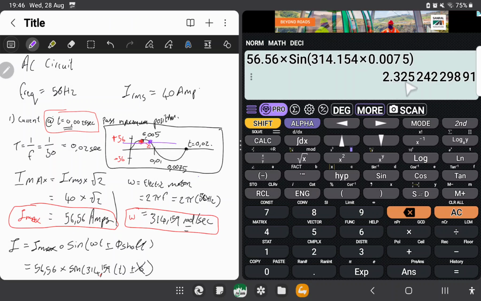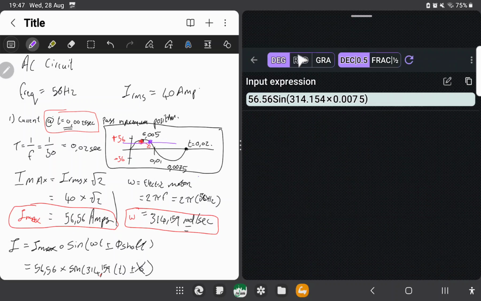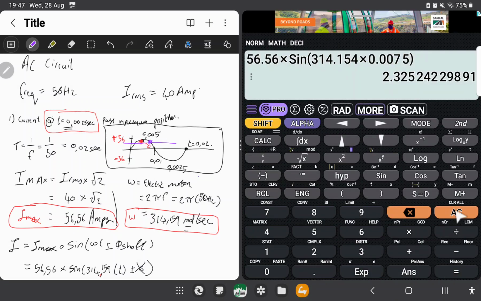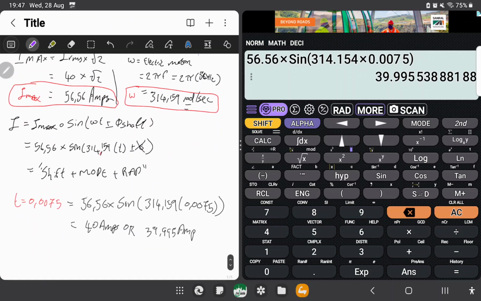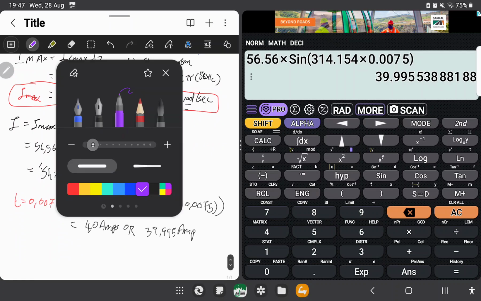Whereas 2.23 is very close to the x-axis, and you can see that's not the correct answer. So our correct answer should be in radians, and that is our correct answer of 40, or 39.99 amps. So that is our equation, and those are our answers.